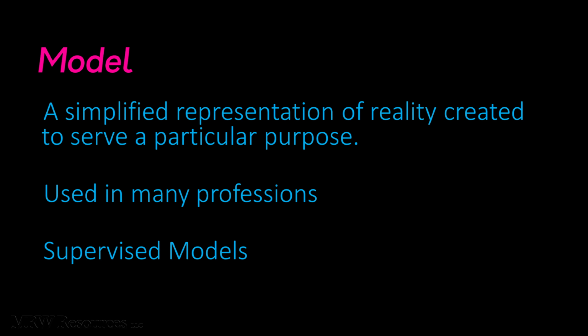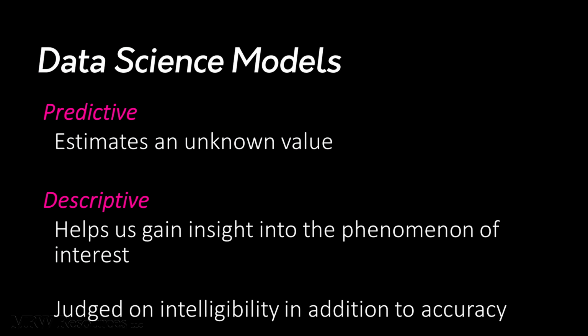Now, in data science, we talk about predictive models and descriptive models. We've worked our way through descriptive models. We used clustering to help see if we could describe our data a little bit and help us gain some insight. We looked at univariate, bivariate, multivariate analysis. And of course, in predictive data science, we're looking to estimate that unknown label value.